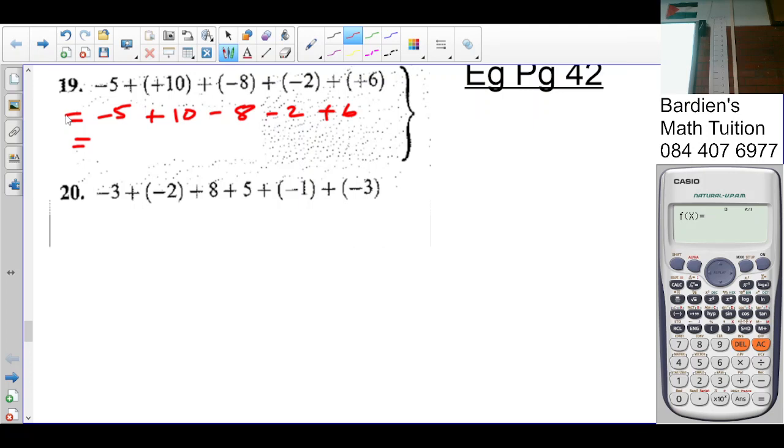Come stand here, here's a number line. Don't do the finger. You go to put your finger on negative 5 plus 10.